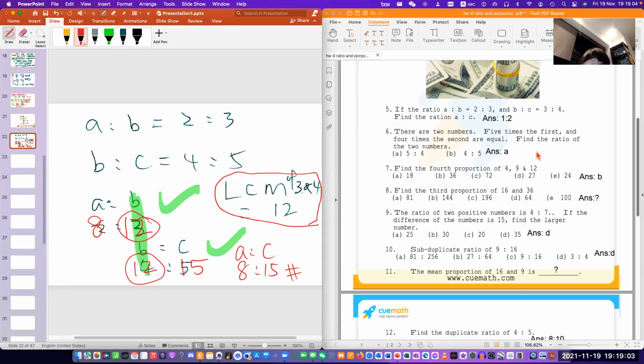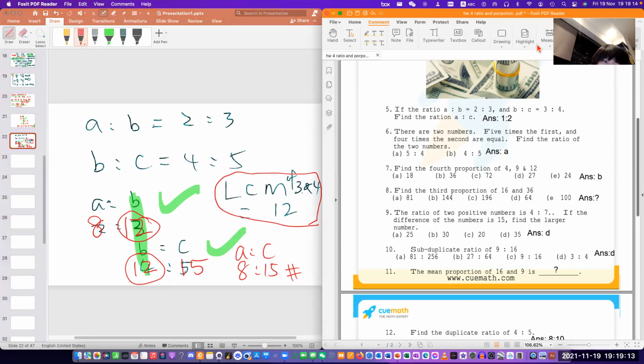I think A is not correct. I think B is the correct answer. What do you think? They say 5 times the first. Now you times 5, and over here you times 4. They are not equal.